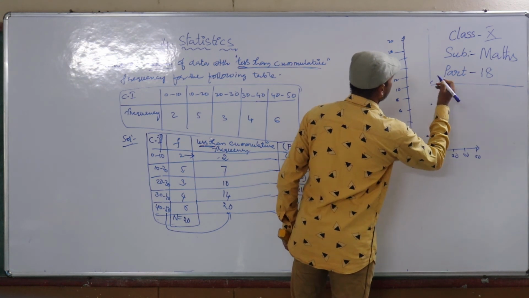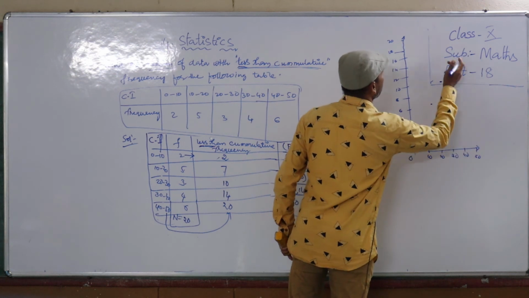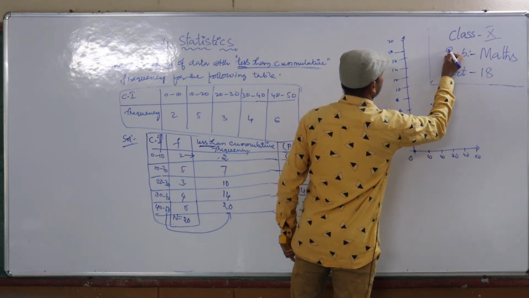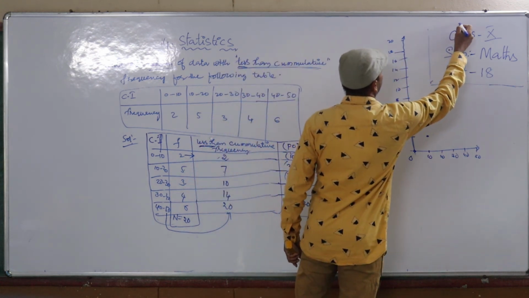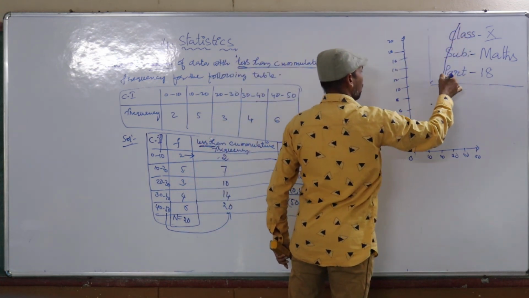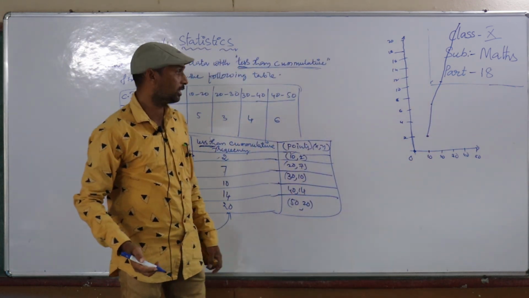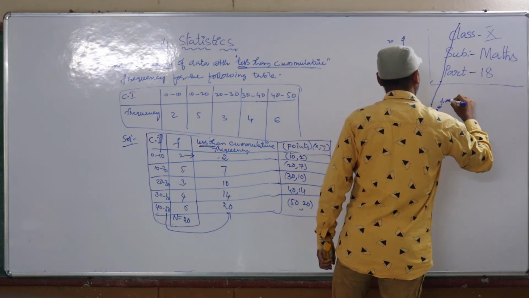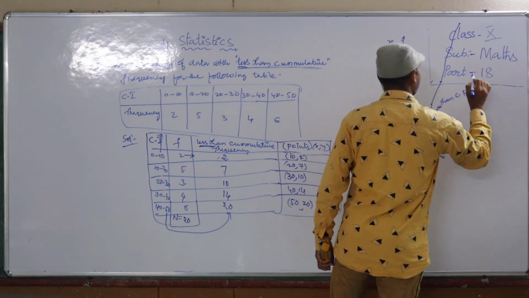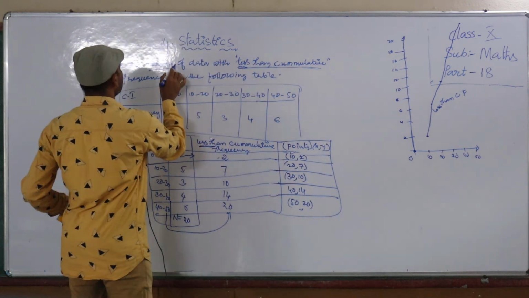Then 40, 14 somewhere here. Then 50, last 20. Then join these points without using a scale. This is the less than cumulative frequency curve. Then we have to find the median.